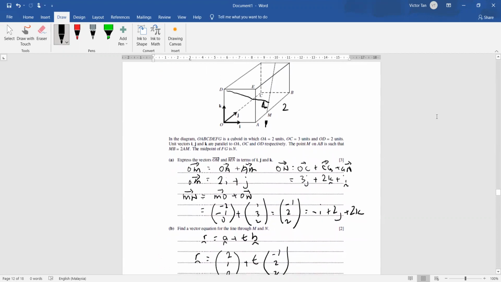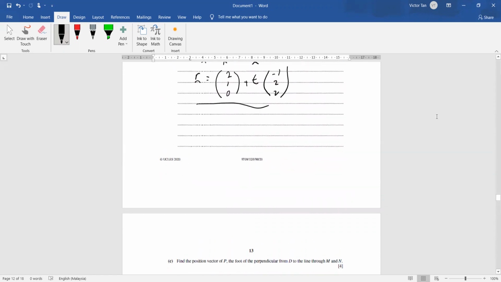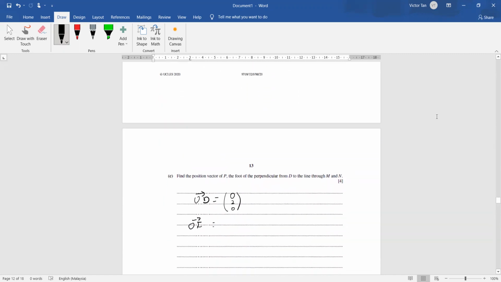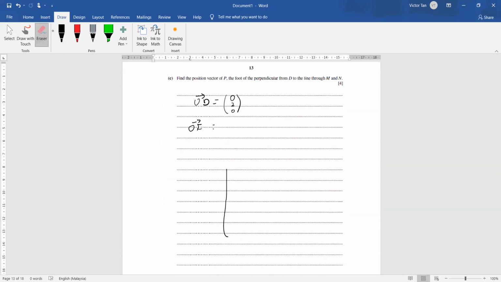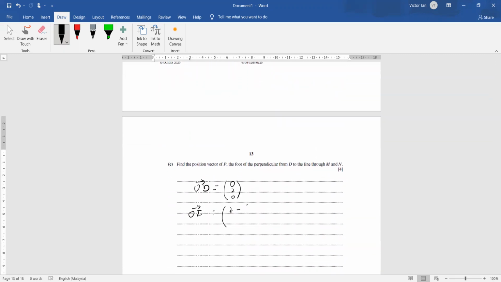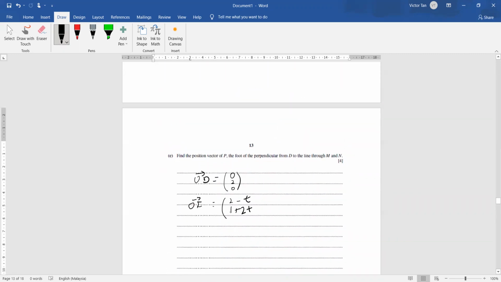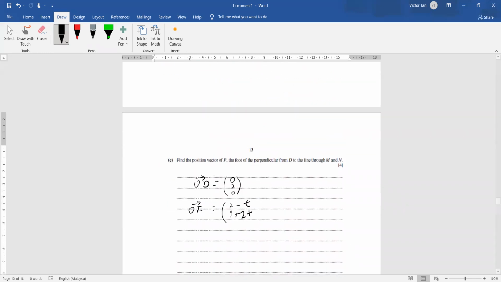Let's put the foot as F. The position vector of F will just be the vector equation of MN, which is (2 minus t, 1 plus 2t, 2t).